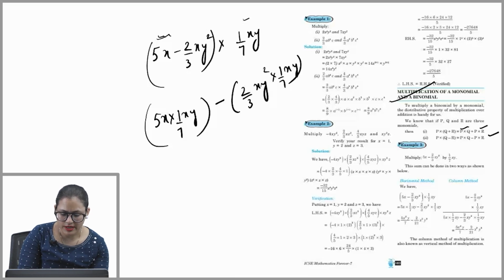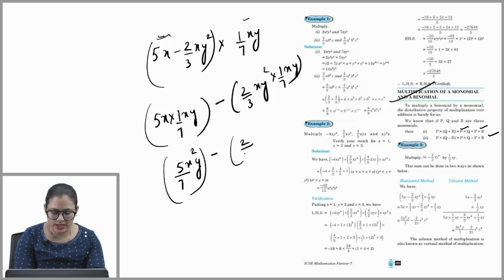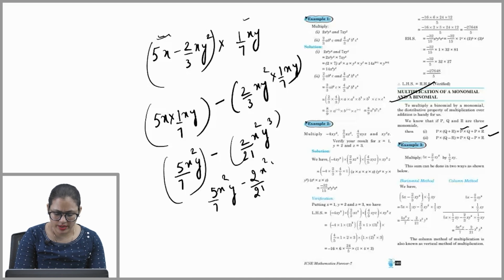Okay, 5 by 7 x square y, then minus, write in bracket, 2 into 1 is 2, 3 into 7 is 21, x square y cube. Okay, 5 by 7 x square y minus 2 by 21 x square y cube, okay.